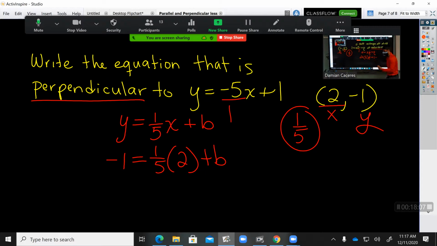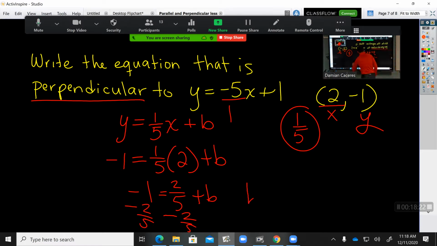Now this can be done in the calculator. You have 2 over 5 plus b on one side, negative 1 on the other. You have to get b by itself. So you subtract 2 over 5 from both sides. Now that would give me b equals negative 7 over 5.